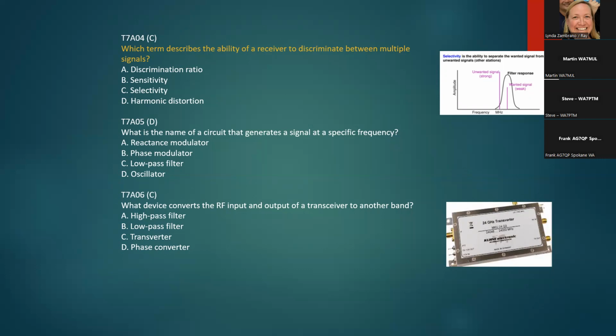So the term that they use is selectivity, because you're selecting a signal out of a group. For example, in the little diagram here, you have an unwanted signal here and a wanted signal here, and you're selecting that frequency or that signal.